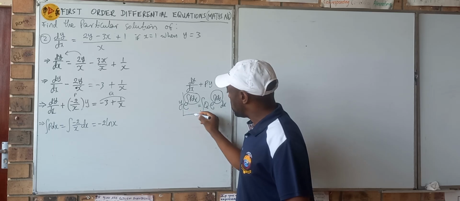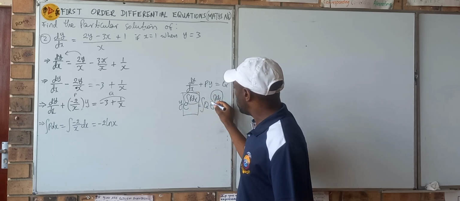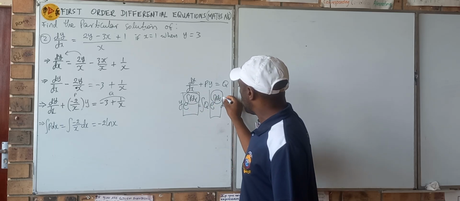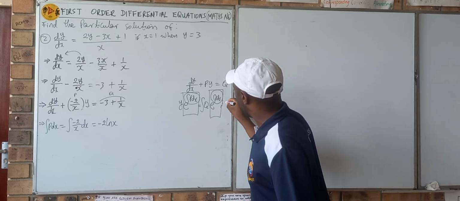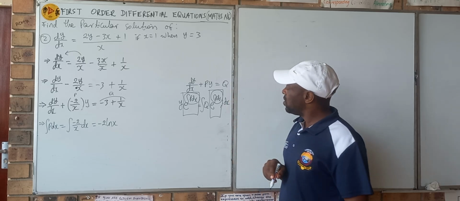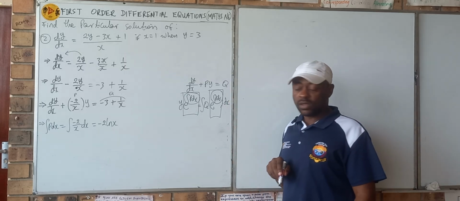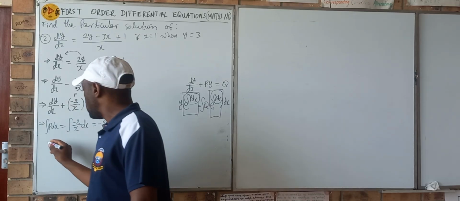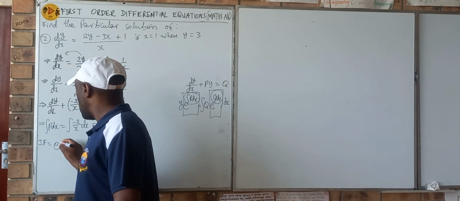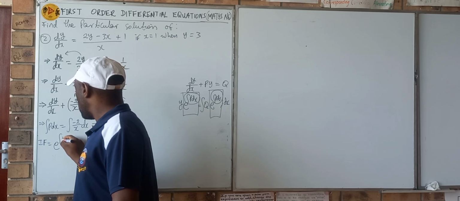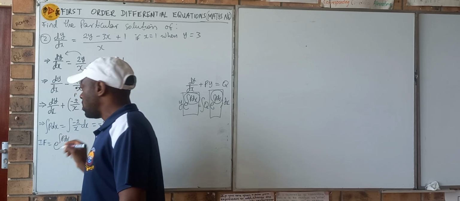The next bit is what I'm putting in a rectangle, which also appears on both sides of the formula. So that is the next bit of my calculation, and what I've put in the rectangle is called the integrating factor. So my integrating factor IF is e to the power the integral of p dx.